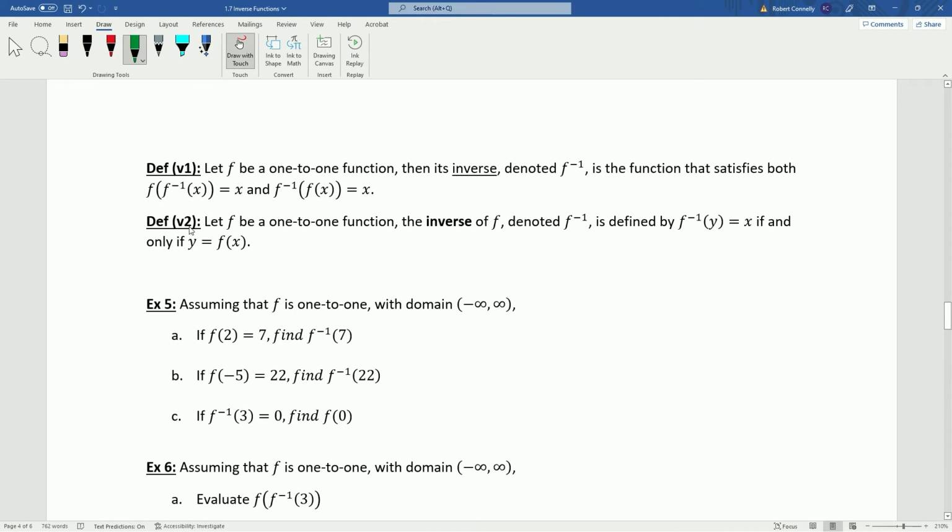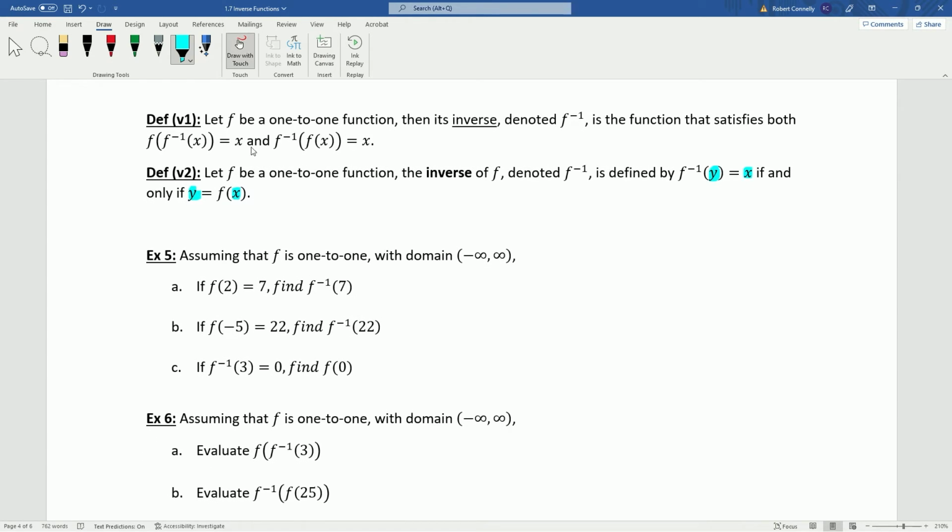Now, definition version 2 is that immediate result we talked about before. Let f be a one-to-one function. The inverse of f, denoted f inverse, is the function such that f inverse of y equals x if and only if y equals f of x. So what does that mean here? That just means that your inputs and outputs switch places between the inverse function and the original function.